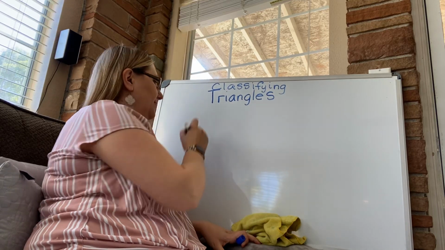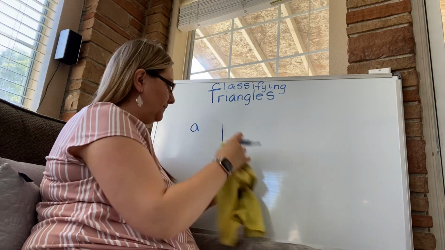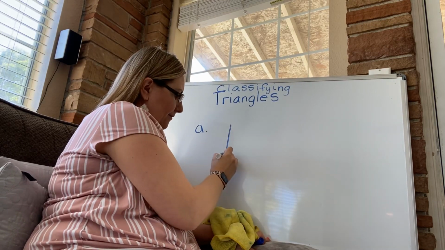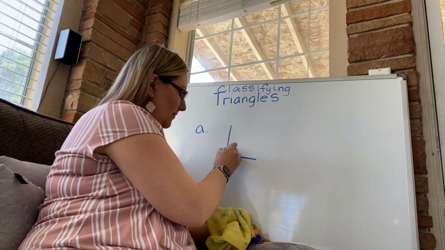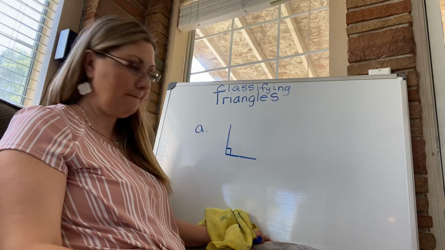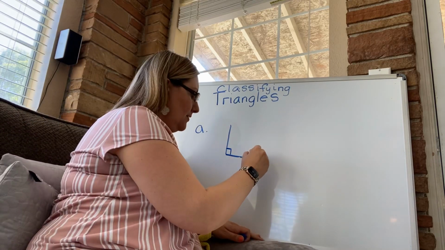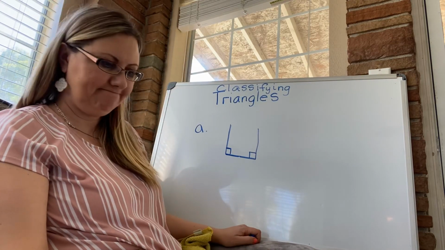Well, let's think about this. What if I have a right angle like this? Can I have a second right angle? Could I do this and make it a triangle?